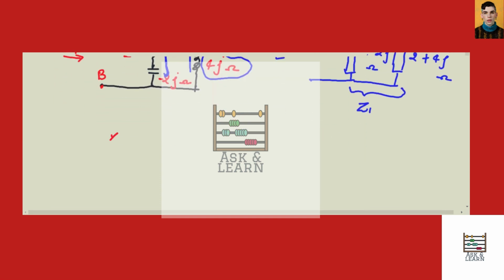You already know the formula for the equivalent impedance if the impedances are in parallel. Let's suppose the two impedances are in parallel, one of them is Z1 and the other one is Z2, and the value of Z equivalent will be Z1 Z2 by Z1 plus Z2. This is the formula for finding the equivalent impedance if two different impedances are in parallel combination, right?